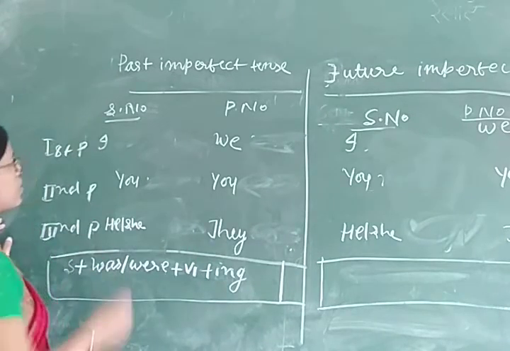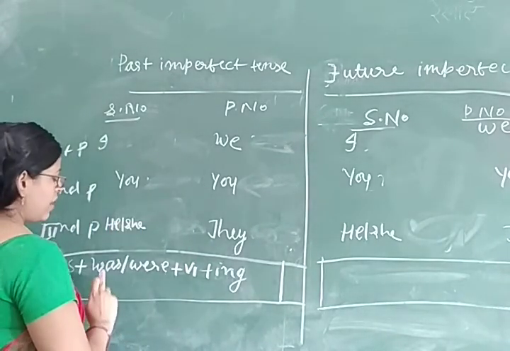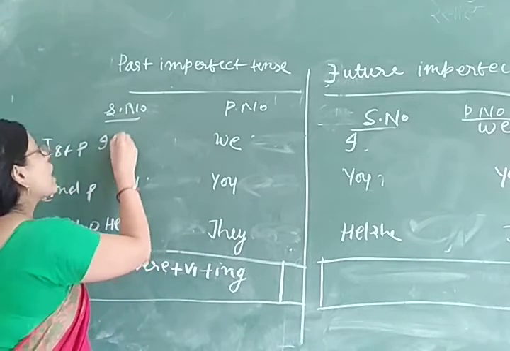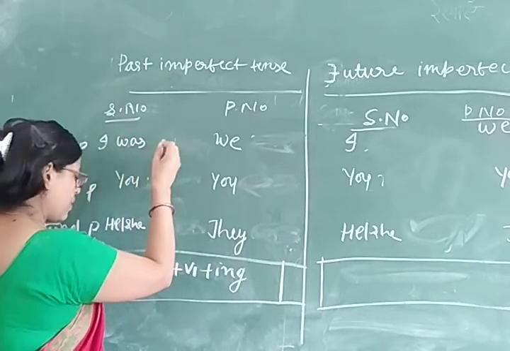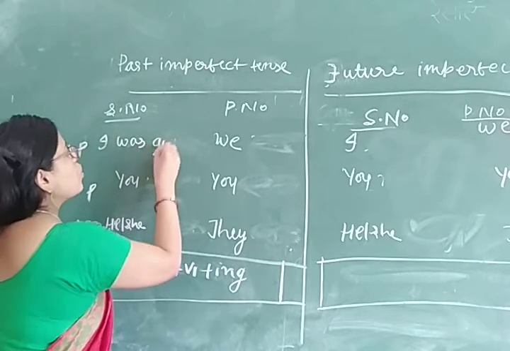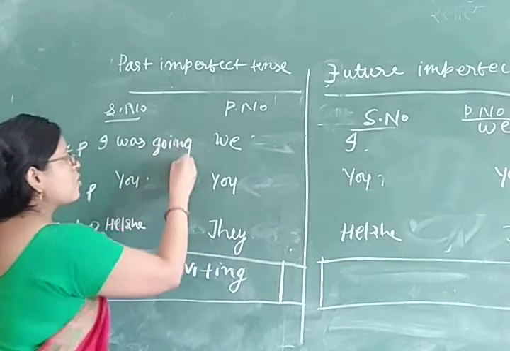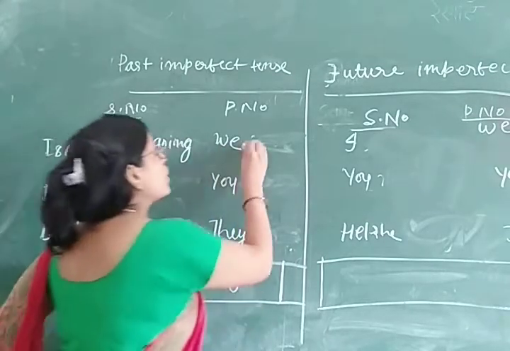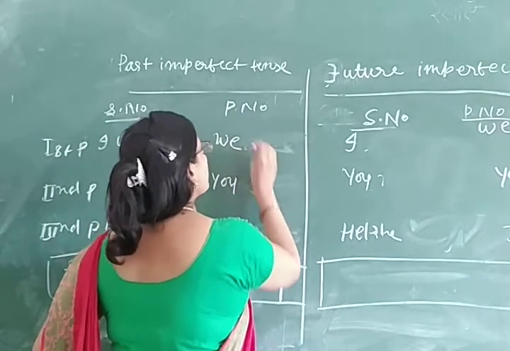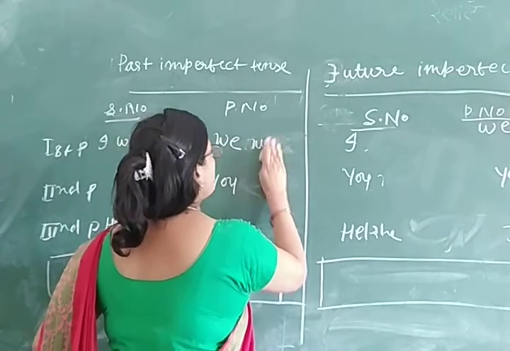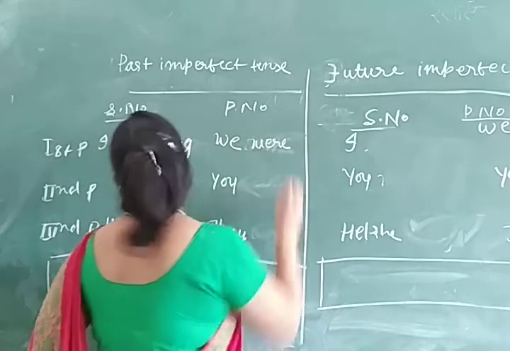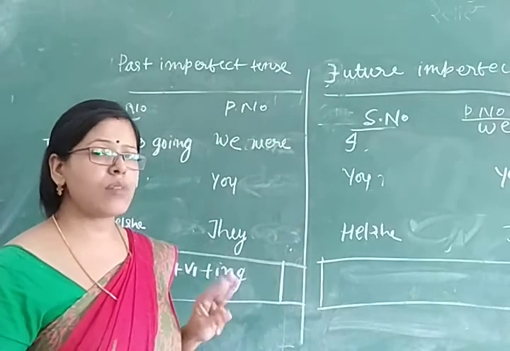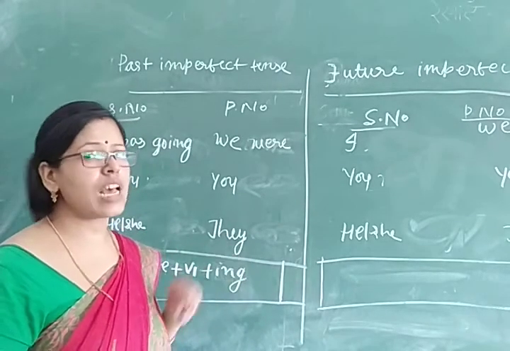So you know very well, the helping verb is given, only we have to use it here. So I was going, I was eating, anything. Because here we are talking about past imperfect tense and we have only two helping verbs, was and were.